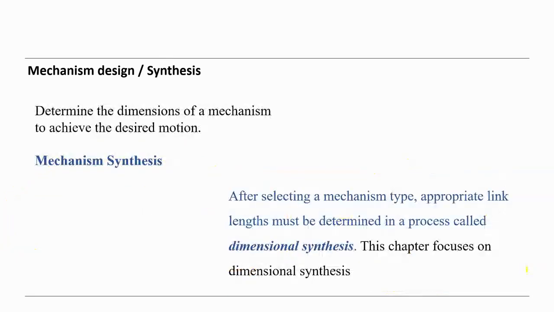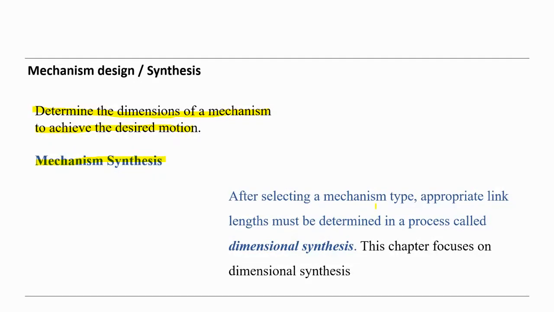So, determine the dimensions of a mechanism to achieve the desired motion. This is mechanism synthesis. So, to determine the dimensions of a mechanism to achieve the desired motion means mechanism synthesis.